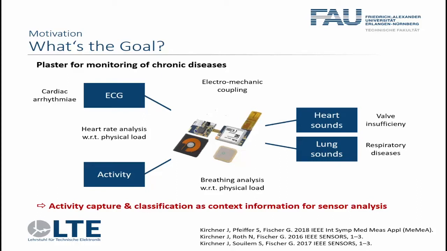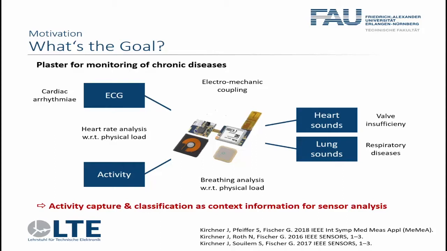For example, if you go for ECG sensing and heart sounds, you can compare the electrical information transmission, the ECG, and the mechanical reaction, so the electromechanical coupling in essence. And if you use the activity, you can relate the analysis of breathing or heart frequency to the context of your subjects or to the physical load that they are doing.